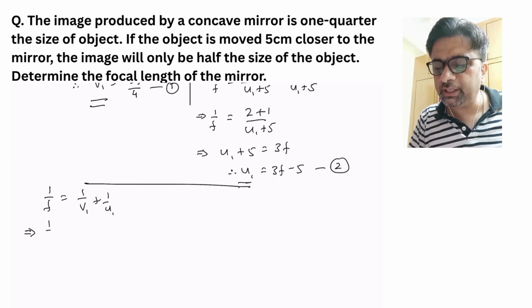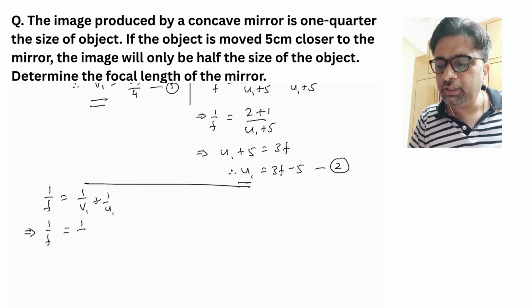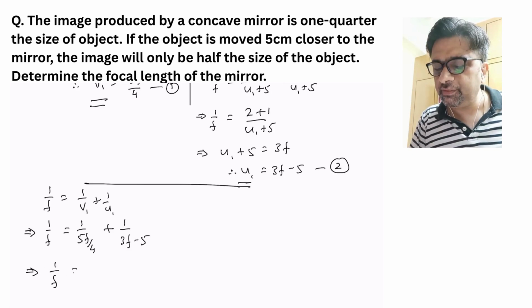We get 1 by f is equal to 1 by 5f by 4 plus 1 by 3f minus 5. That makes it 1 by f is equal to 4 by 5f plus 1 by 3f minus 5.